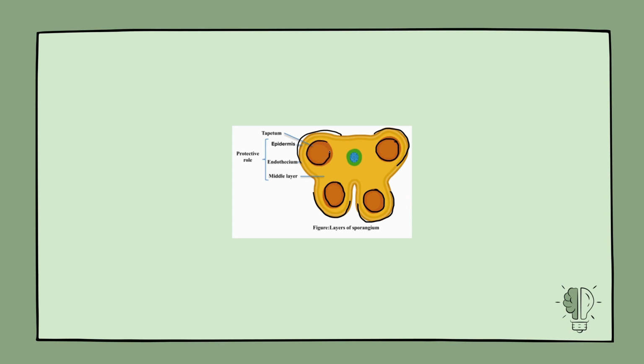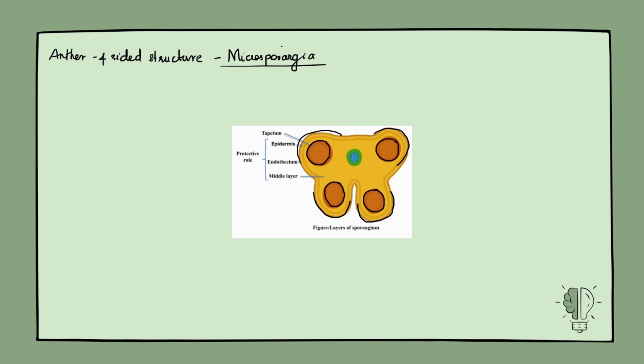So we can say that the anther is a four-sided structure consisting of microsporangia. These microsporangia later produce pollen grains, which we'll be learning shortly.